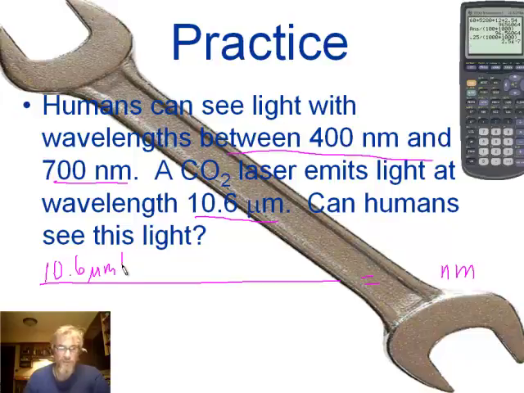Well, micro means a millionth. So that means there would be a million, or 10 to the 6th, micrometers in a meter. So I'm multiplying by 1. It doesn't change the size, but it does change the unit. Now I have how many meters this is, but that's not what I want. I want nanometers.